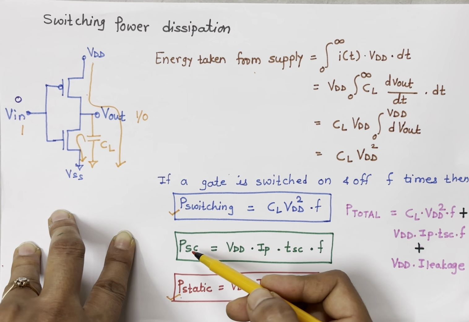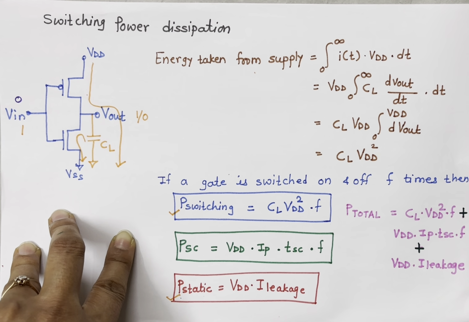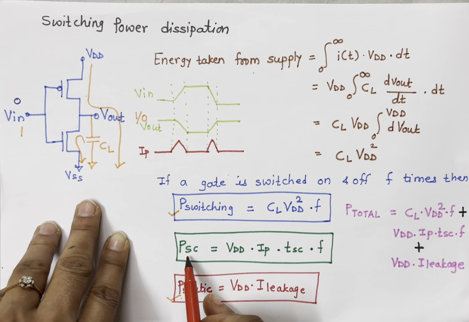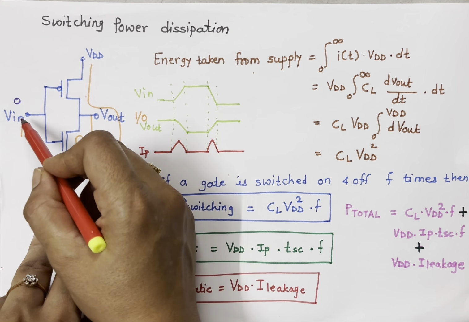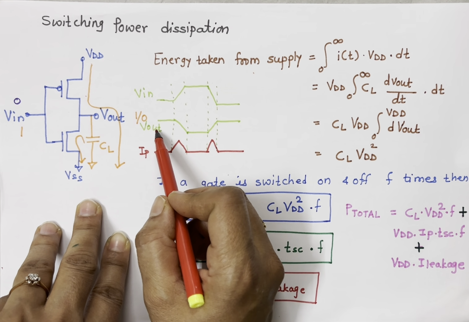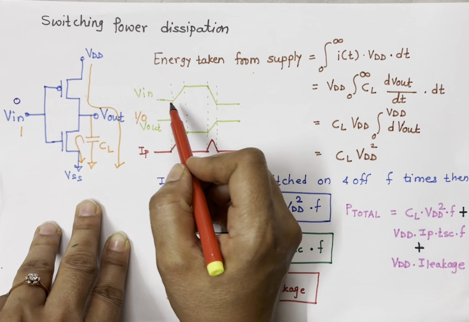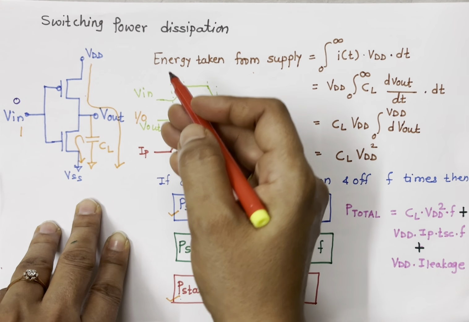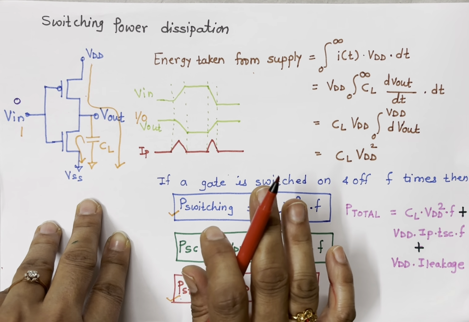Next comes short circuit power dissipation. Now let's discuss this short circuit power dissipation. See, here this is Vin, input voltage, and this is Vout. In an inverter, when input is 1, output is 0. So when input changes from 0 to 1, it can't jump from 0 volts to, suppose, 5 volts directly, or 0 to 1 logically.